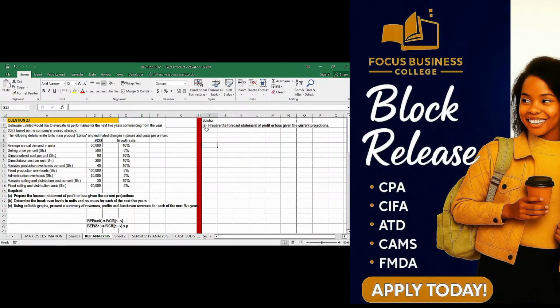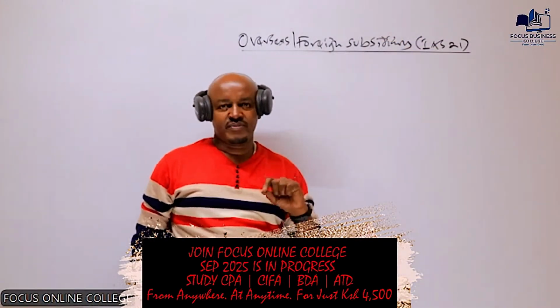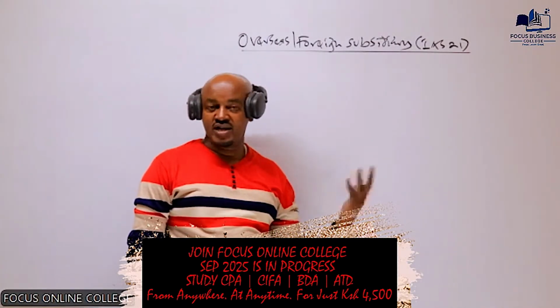Part A of the question, what are we required to do here? We're required to prepare the forecasted statement of profit or loss. So basically, we are told of a subsidiary operating in a country different from the parent company's country of operation. Like in this case, we may be told that a company which operates in Kenya has acquired a subsidiary which is operating in Uganda, in TZ, or maybe in Rwanda.